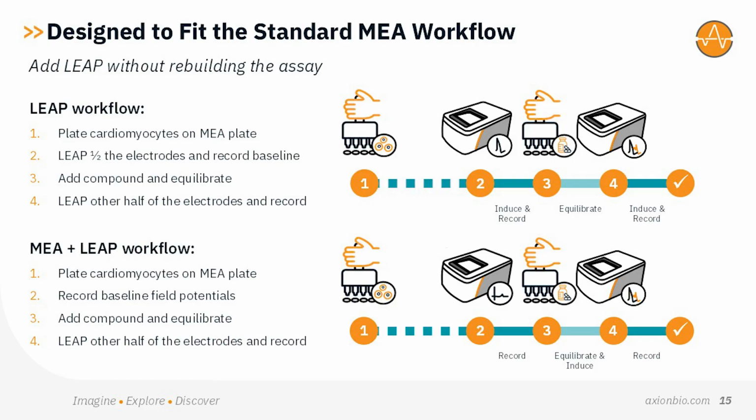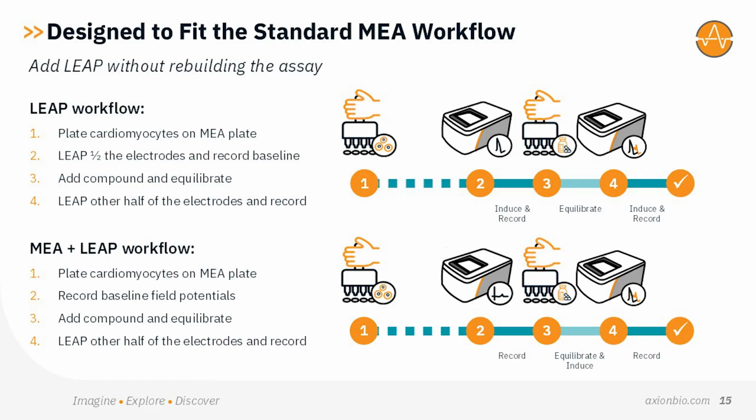Now, there are a few ways to incorporate LEAP. In a LEAP-focused workflow, you can induce LEAP on a subset of electrodes and record a baseline LEAP signal. After compound addition and equilibration, you can induce a different subset of electrodes and record the post-dose LEAP signal. Alternatively, in an MEA plus LEAP workflow, you can run your standard field potential assay first, and then apply LEAP after compound equilibration to add action potential-like information at the end of the experiment.